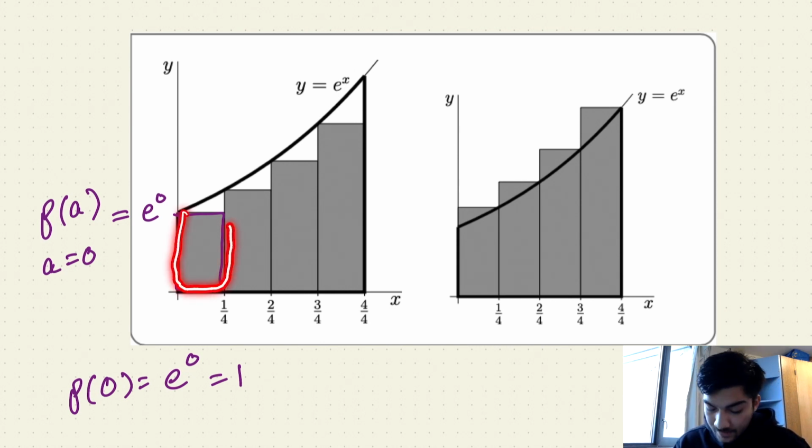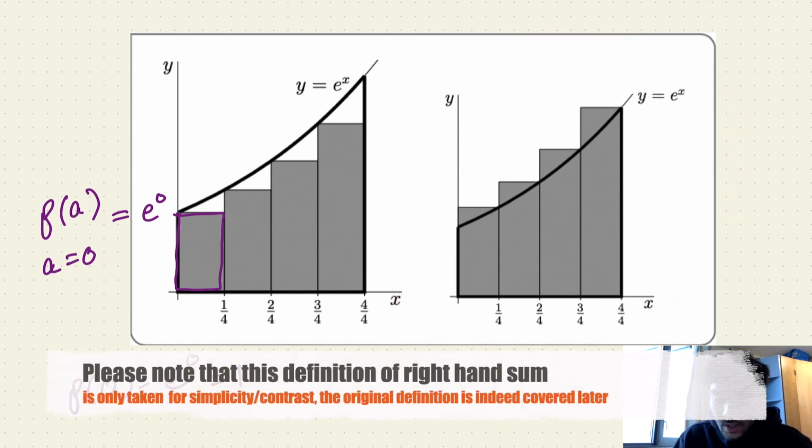Since I'm taking the height of my first rectangle to be equal to the value of the function at the left endpoint, I'm basically taking a left Riemann sum. But on the other hand, in this example, I'm not taking the height of my first rectangle to be equal to the value of the function at the left endpoint. So this is a right Riemann sum.